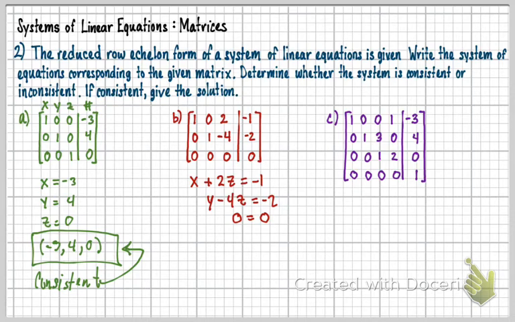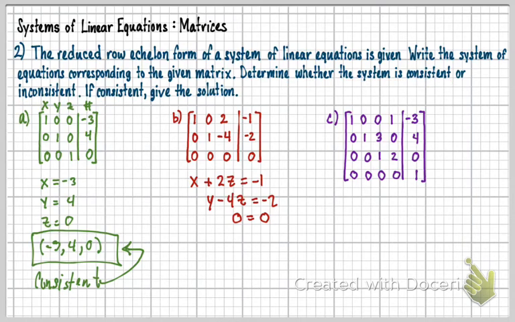But for now, that is writing my reduced row echelon form of the system of linear equations as a system of equations. So in doing that, now we have to determine if the system is consistent or inconsistent.